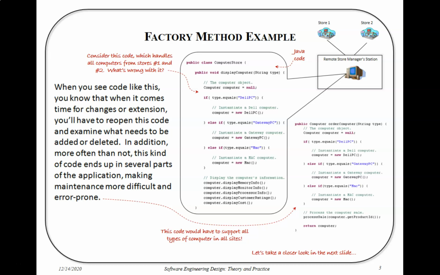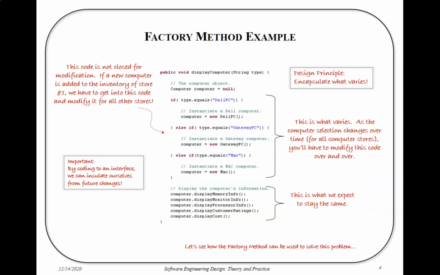Every time we have a new store or a new type of computer, this part of code will be changed. So that violates the OCP principle because we have to modify this code. That is the thing that we are going to solve. This is the problem that we are going to solve using the factory method design pattern.